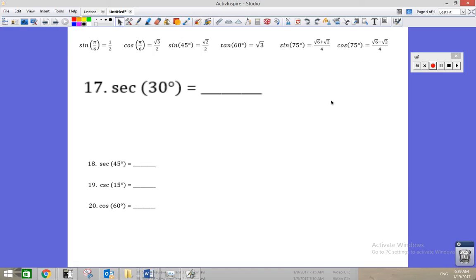So let's use our reciprocal relationship: secant of 30 degrees is 1 over the cosine of 30 degrees. I don't see the cosine of 30, but I do see the cosine of pi over 6, and 30 degrees is equivalent to pi over 6 radians.